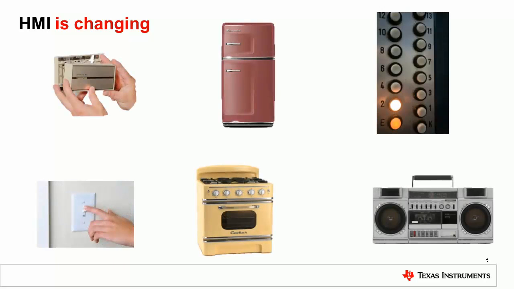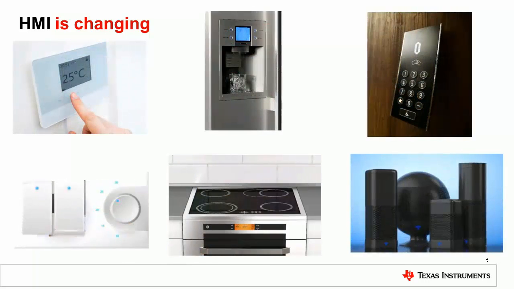So as you look at the industry and the different machines and devices that we interface with, if we think a few decades back, I think we can all remember some of the different devices and look at what HMI looked like to us a couple decades ago. But I think we also see that as the industry progresses, we're seeing a lot of advancements in HMI with these types of products. And here's just some examples.